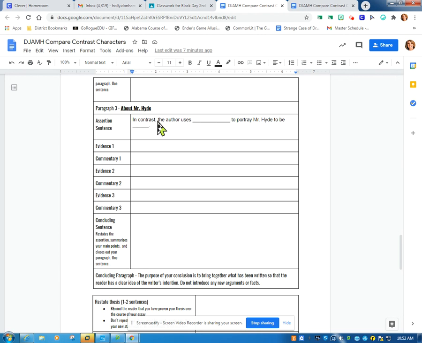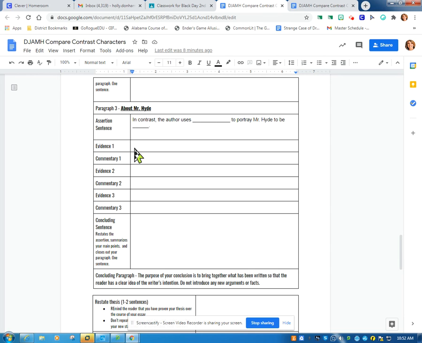In contrast, the author uses, you're going to put either diction or imagery or details based on your chart for Mr. Hyde to portray him to be blank. That's when you go back to your synonym finder and find another word for bad to put on that blank, a word that you haven't used already.